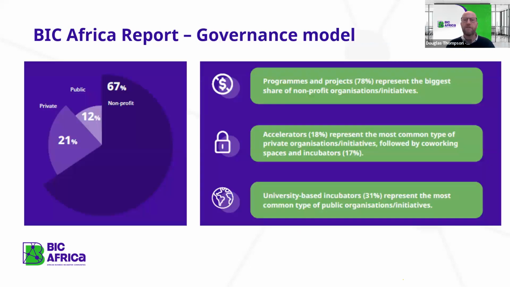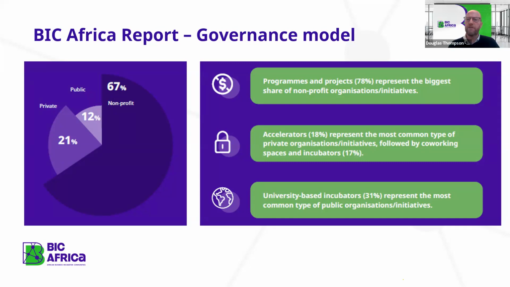Okay, just moving on to the final few slides on this, in terms of governance. I'm not sure if I expected this or not, but about 2/3 regarded themselves as non-profit or not-for-profit organizations. Of course, programs and projects are a key driver of that. But there are also university-based incubators, who are publicly governed and not-for-profit.